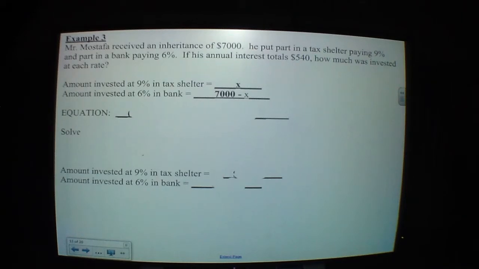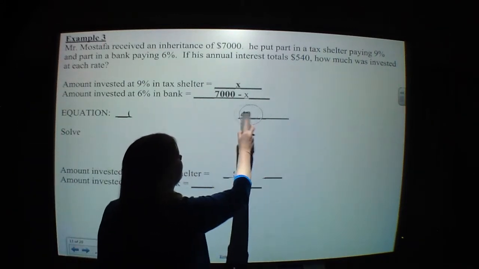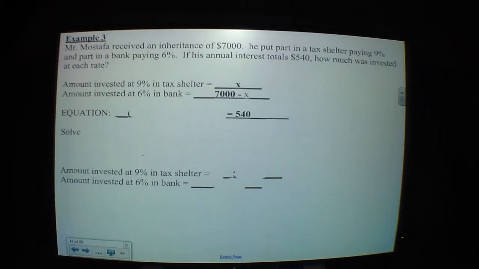Now let's figure out an equation. He put part in the tax shelter and part in the bank, and they gave the interest rates. And they also told you your annual interest. So there's my annual interest. So that interest is equal to the interest from the tax shelter plus the interest from the bank.